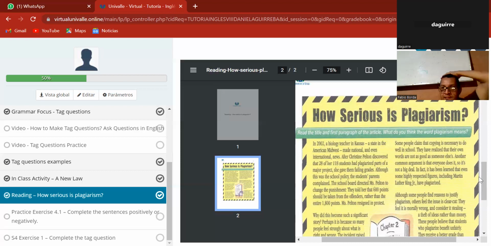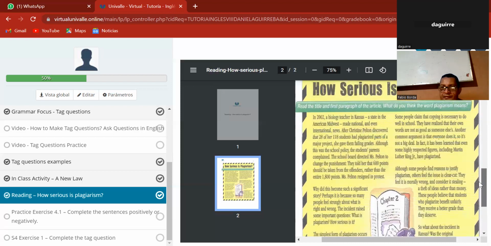Some people claim that copying is necessary to do well in school. They have realized that their own work is not as good as someone else's. Another common argument is that everyone does it, so it's not a big deal. In fact, it has been learned that even some highly respected figures, including Martin Luther King Jr., have plagiarized.